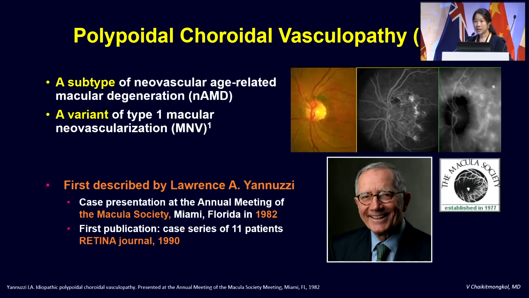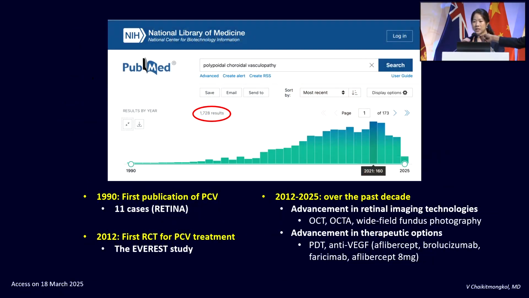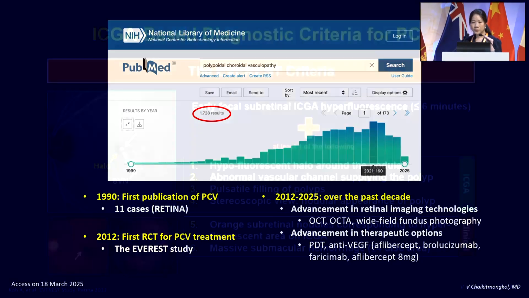PCV is currently considered a variant of type 1 macular neovascularization, and it was introduced by Professor Yannuzzi in 1982. Now it has been almost 40 years, and we know much better about PCV through the increasing number of research.